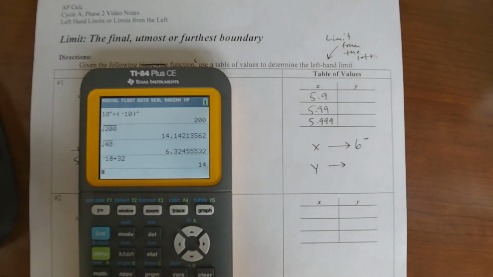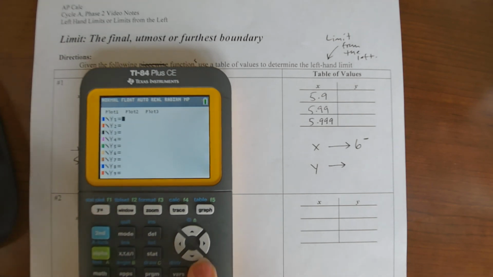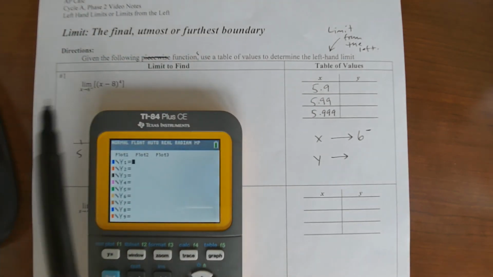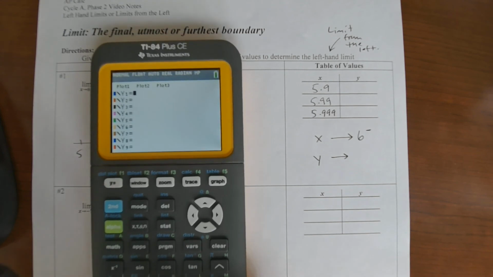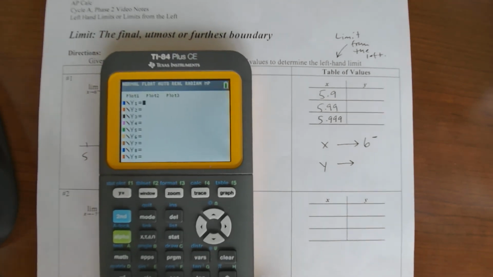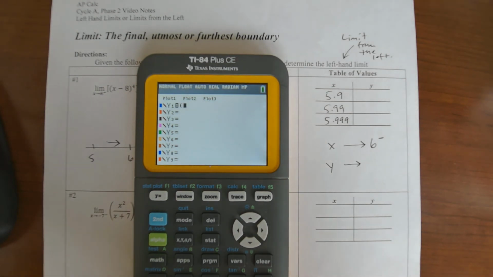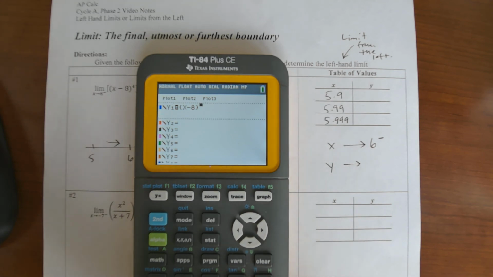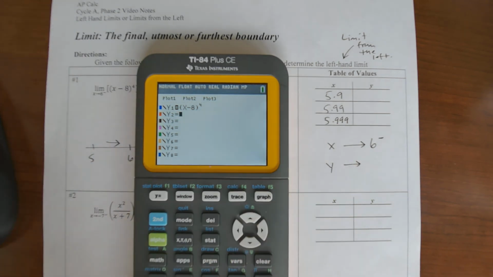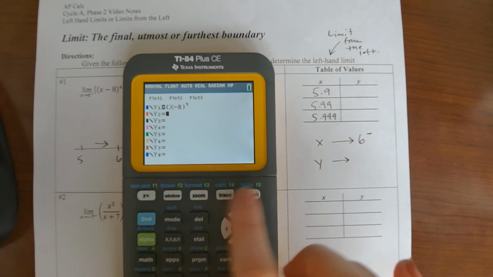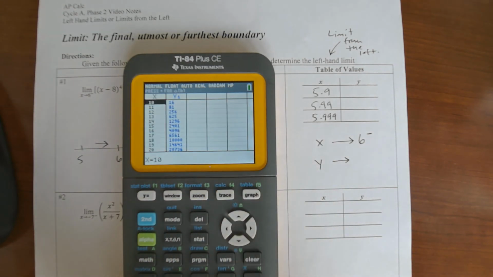I go to y equals, and I'm going to type in the function (x minus 8) to the fourth. And I'm getting a new camera, guys. I'm sorry about the quality of the video at this point. I'm just using a webcam, but I'm getting a nice camera, so the quality will improve. So I type that into y1. Now I want to go to the table, so that second graph is the table.